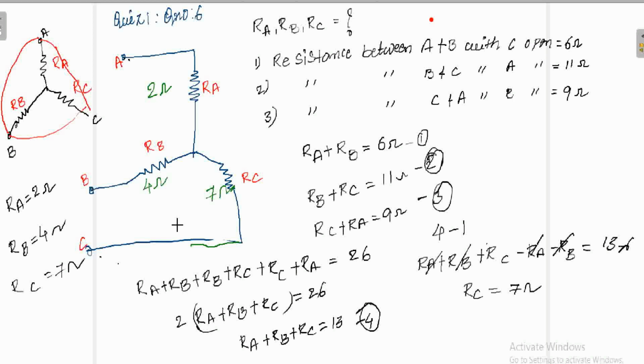So read statements carefully before attempting any question. So option number B is your answer, that is 2 ohms, 4 ohms and 7 ohms. We'll see the next question, question number 7, in the next class.